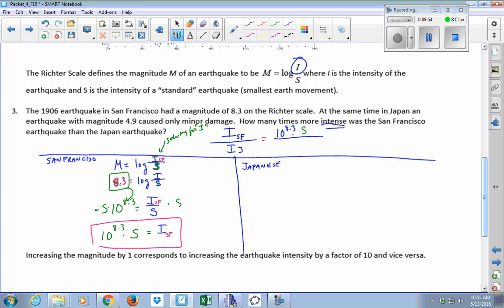So we know the magnitude of the Japanese earthquake was 4.9. 4.9 is going to equal the log of the intensity of the Japanese earthquake divided by, that's a J, divided by this constant S, which I'll make green.